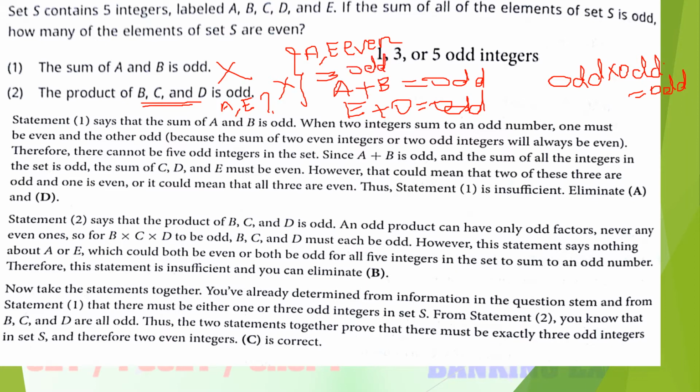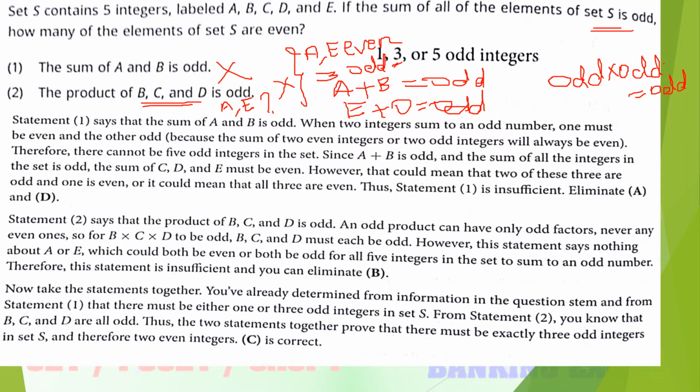Because the final answer, the sum of set S, is odd only, so you should get 1, 3 or 5 odd integers. A is already even, so one more even is E only. So 3 odd integers are already fixed, so 4 is not possible.